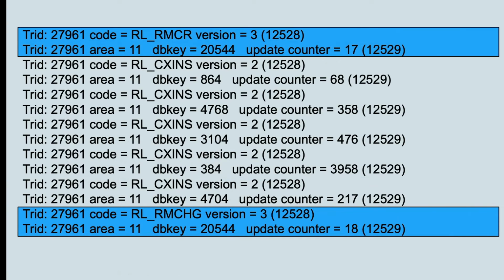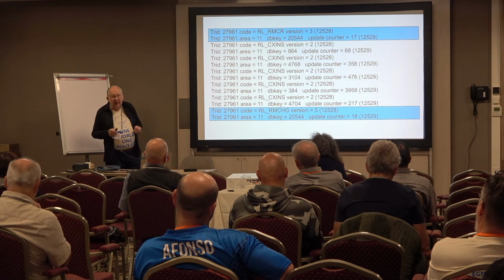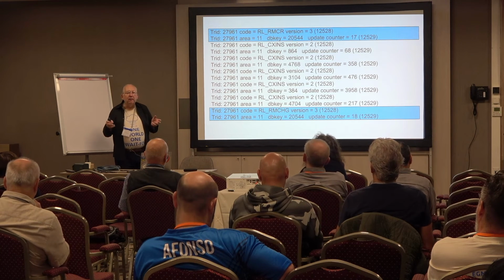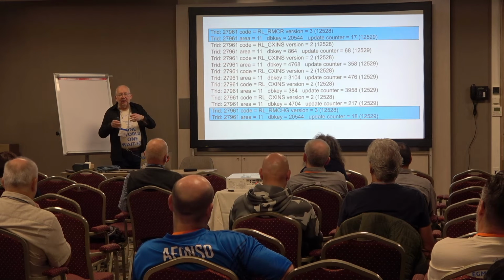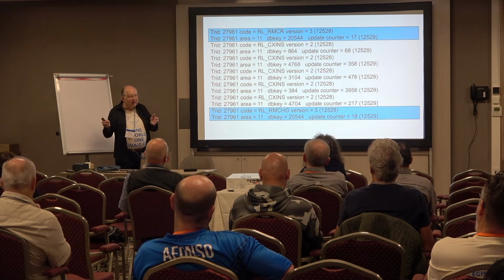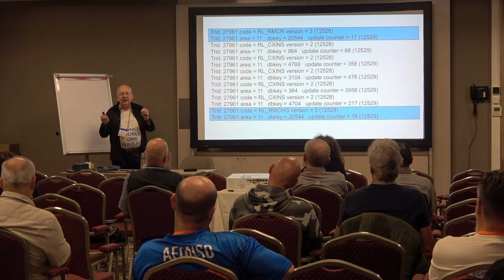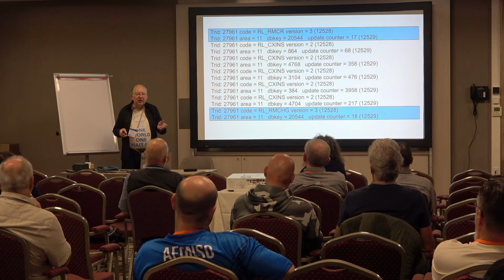I have seen some outrageous examples of that in customer databases, where you go look at the database activity and you find there's way more database record operations than there're supposed to be on a particular table.